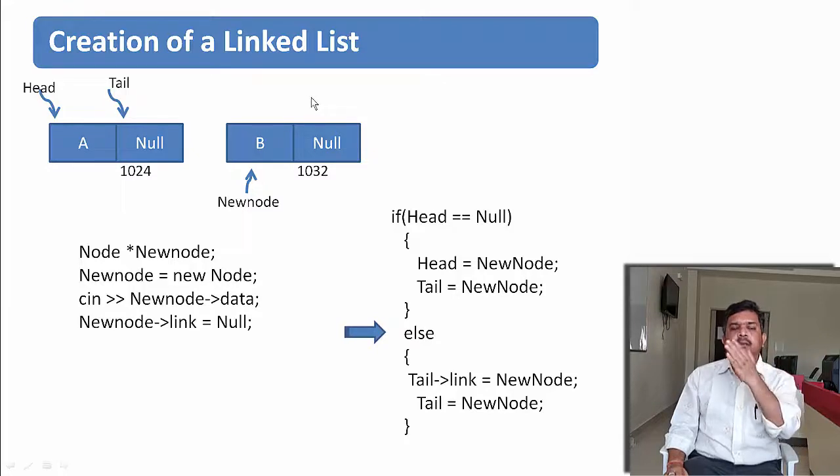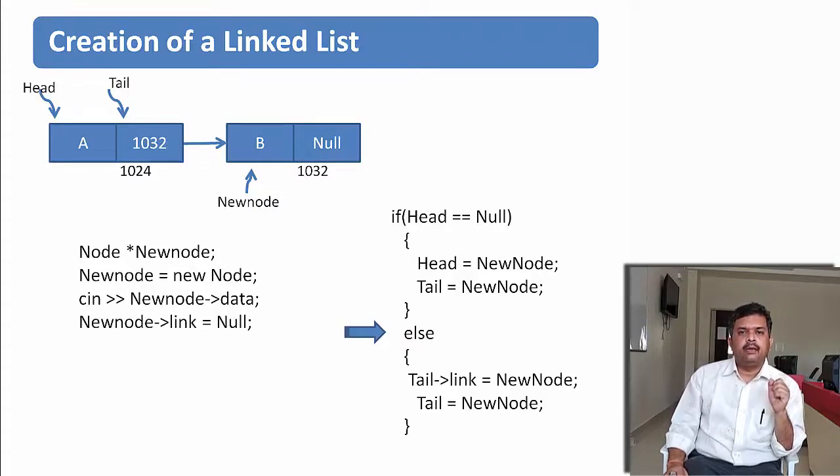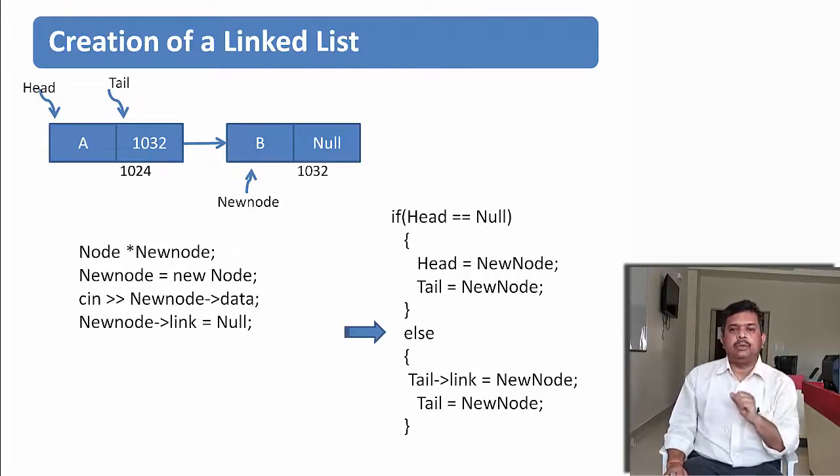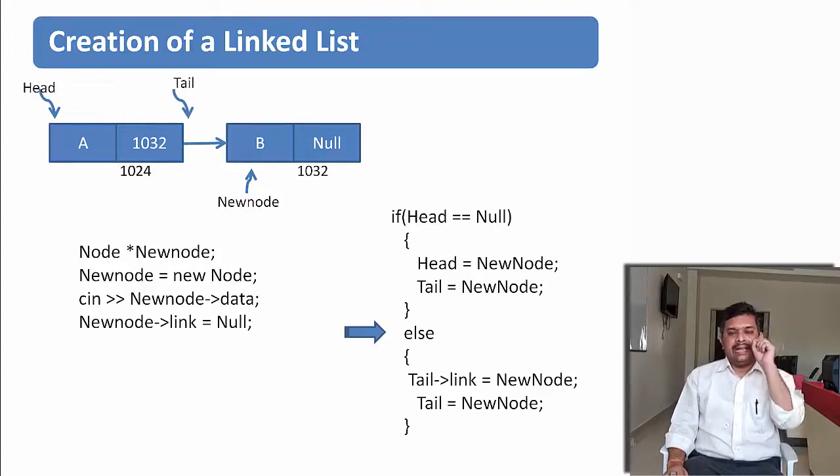That is the address of second node. I will keep it as a link part of the first node, and we will shift the tail node to the next node. So tail becomes the next. So tail equal to new node. It means I'll keep the address of new node in the tail.